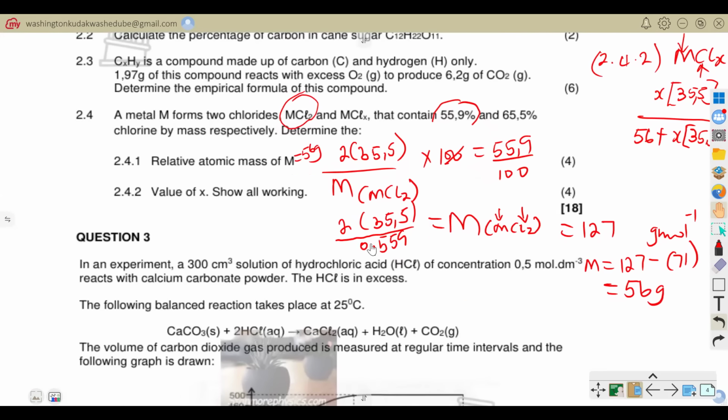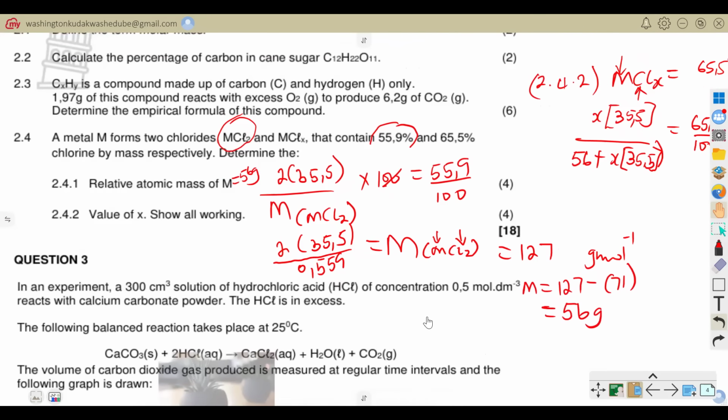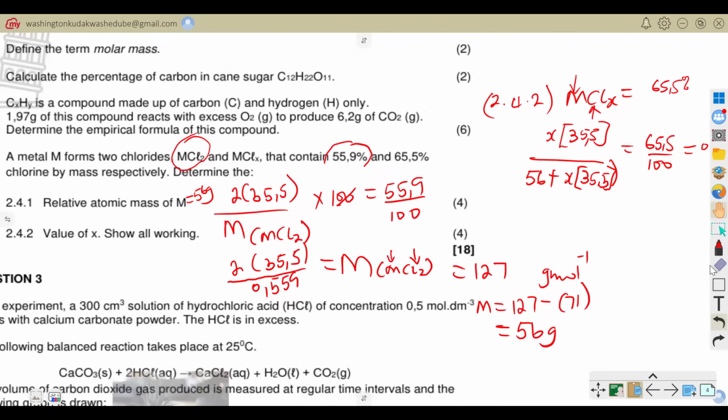So the next question is question number 3. Since this question is still on this page, allow me to rub everything here.